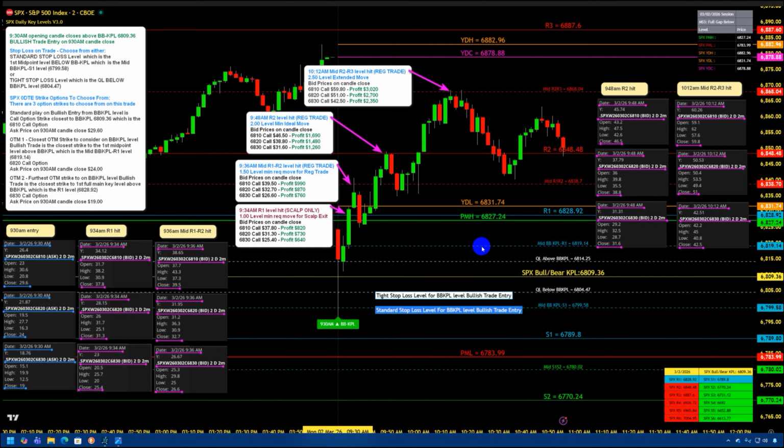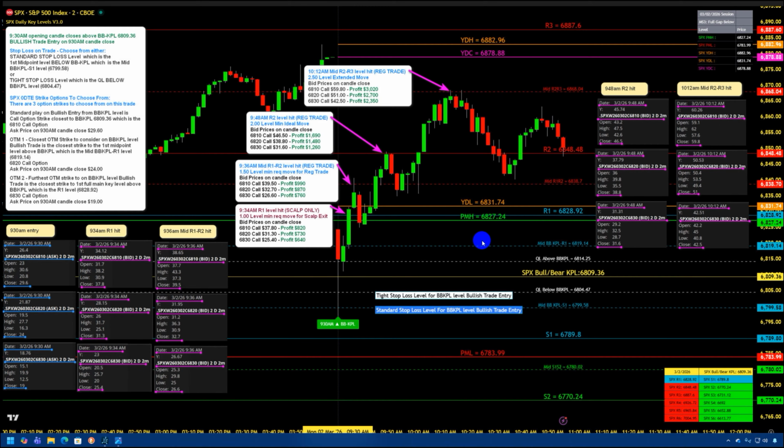Those are done through the user control panel in a separate section for those levels, where you would select either the tight stop loss or the standard stop loss for those along with your reward risk parameters, which the default is 2 to 1. $2 of reward for every $1 of risk. However, those are available from 0.25 all the way up to 30 in 0.25 increments.